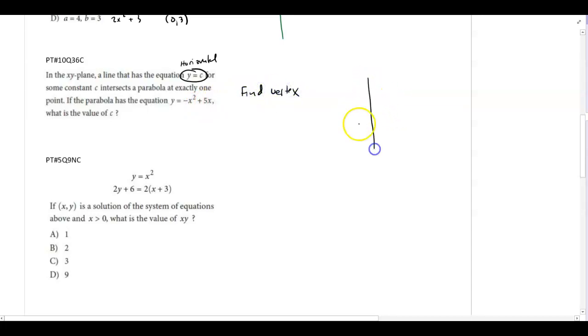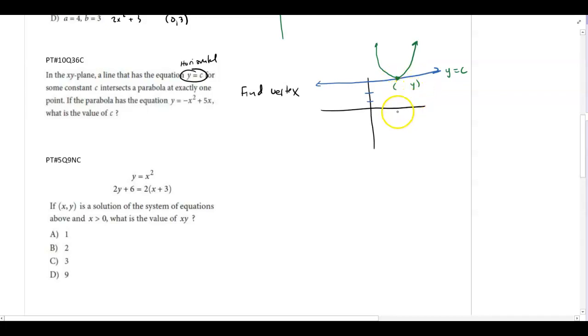For a system with one linear function and one quadratic function to have one solution, the vertex has to be on the line. If I graph the line y equals c, I don't know where it's at, but once I find the vertex, the parabola is going to intersect it at one point, at the vertex. So I need the y value of the vertex.